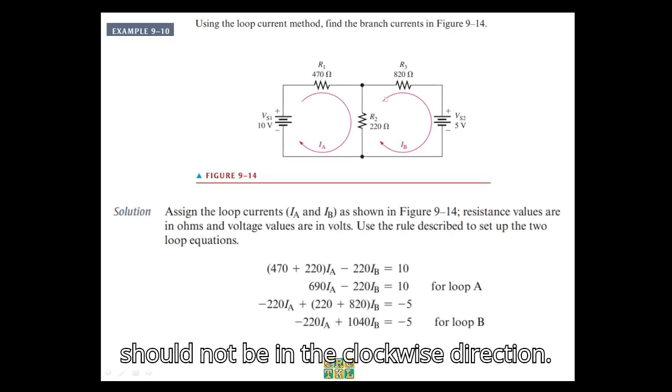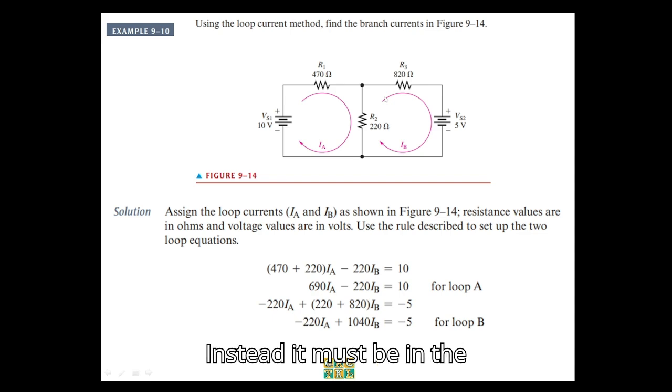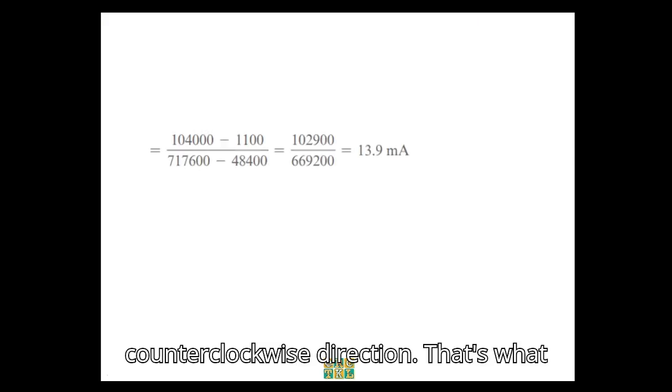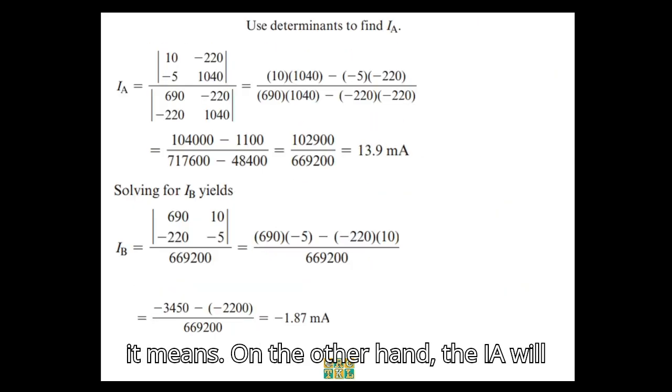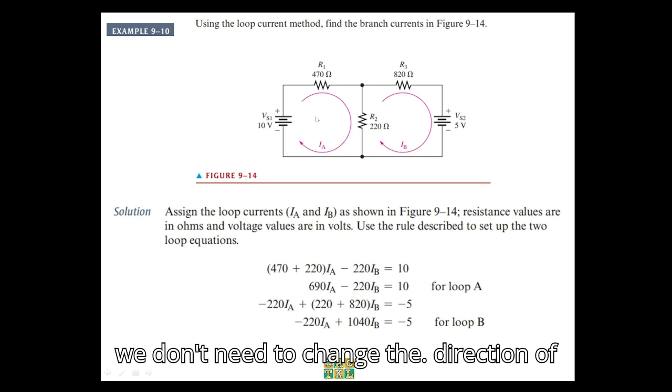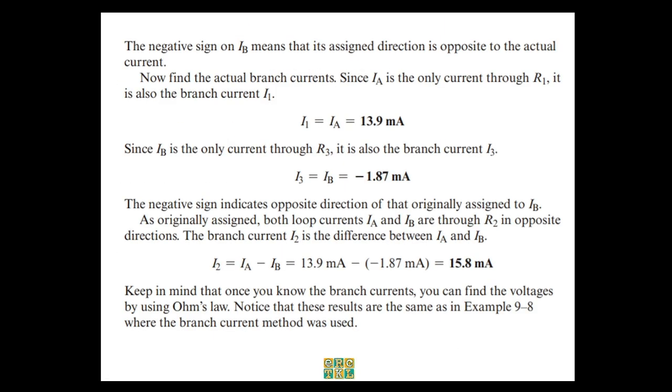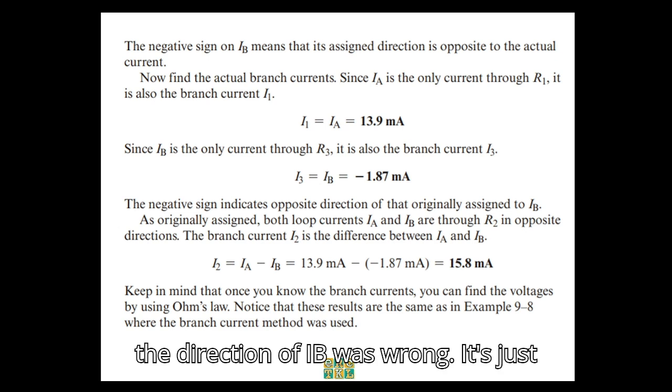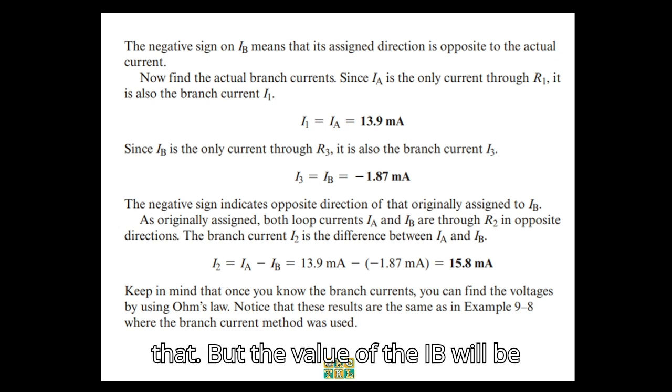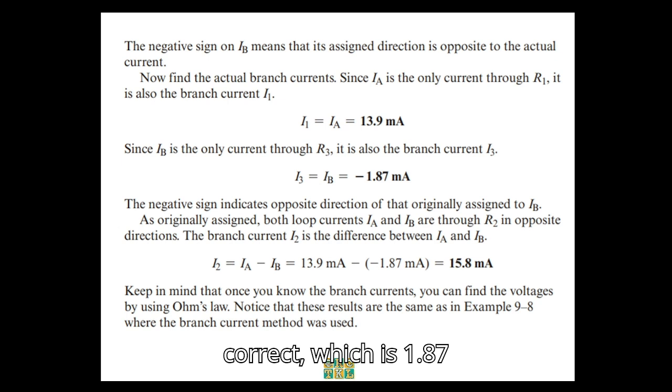So it should not be in the clockwise direction. Instead, it must be in the counterclockwise direction. On the other hand, the IA direction is correct and we don't need to change it. But IB is negative, so the direction of IB was wrong. It's just that. But the value of the IB will be correct, which is 1.87 milliamperes.